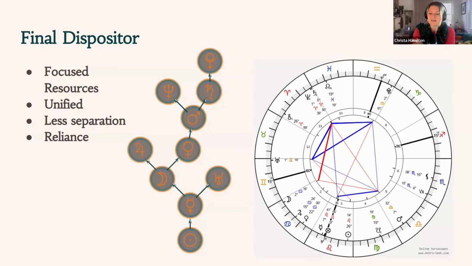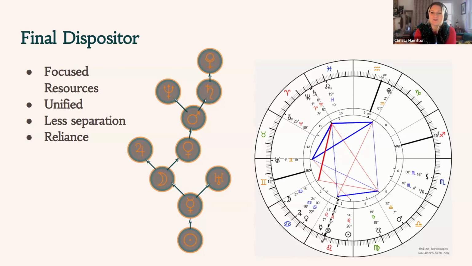Mars answers to Venus. Mars is disposited by Venus, and Venus is in Cancer. And so considering your own finances, your own skills, am I doing something that is supporting me? And if the moon is in Gemini, the moon rules Cancer. So then Venus has to go talk to the moon, be like, hey, what's up? Mars is unhappy in the fifth house. And then the moon in Gemini would then go back to Mercury, which answers to the sun because both of them are in Leo.